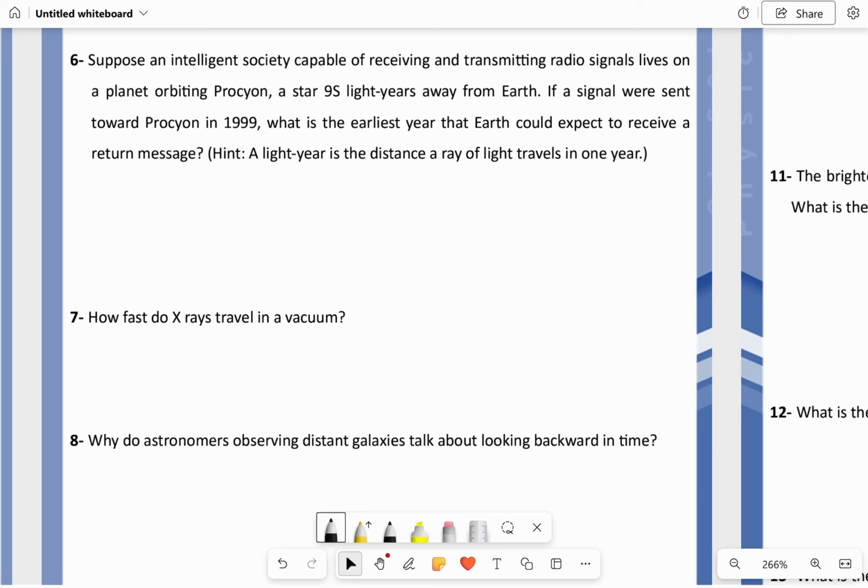If a signal were sent toward Procyon in 1999, what is the earliest year that Earth would expect to receive a return message? First of all, this star is 95 light years away, so if you send a signal, it's going to take 95 years.